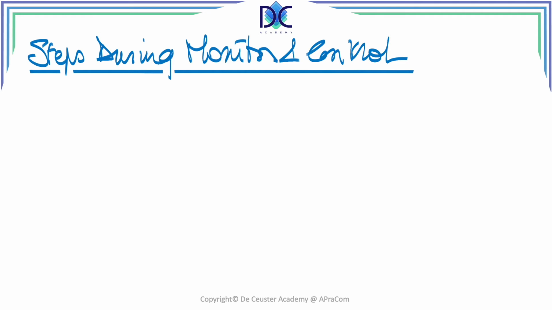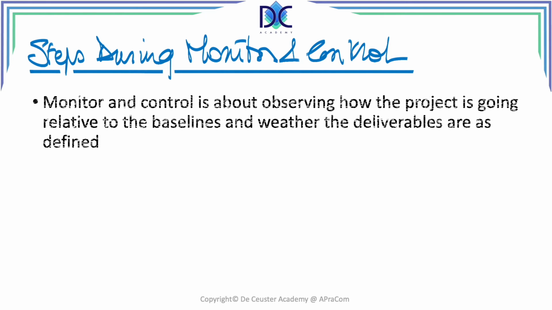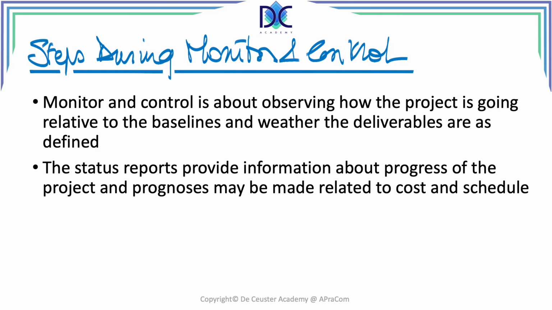During monitoring and control, it's in fact very important to observe how the project is going and compare the actual results with the baselines, and to verify that the deliverables have been completed according to their specifications. Here we have status reports that provide information about progress of the project, and we can make prognosis related to cost and schedule.